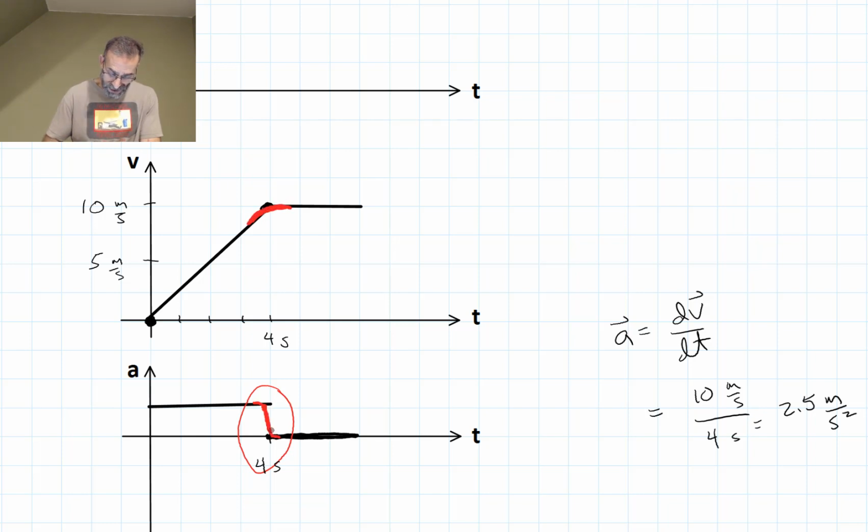And then I would have a slight slope to this line. It wouldn't be exactly vertical. But for the purposes of this example, I'll just leave it as an instantaneous change in velocity, and the acceleration will abruptly change from some positive value, 2.5 meters per second squared, to 0.